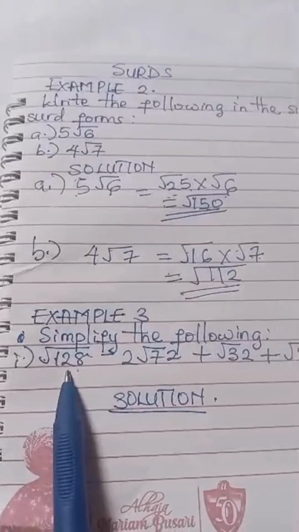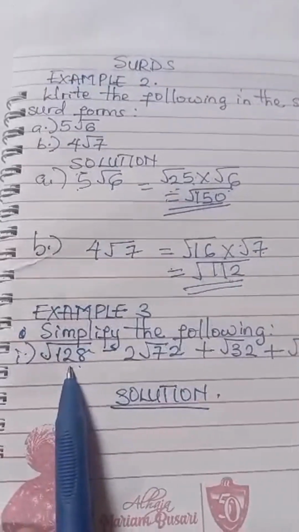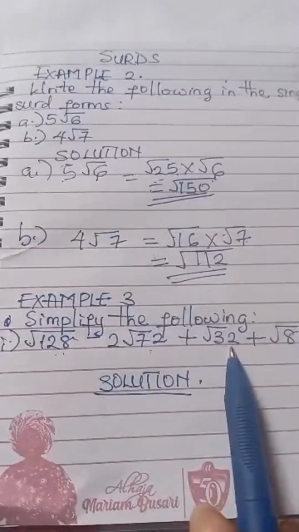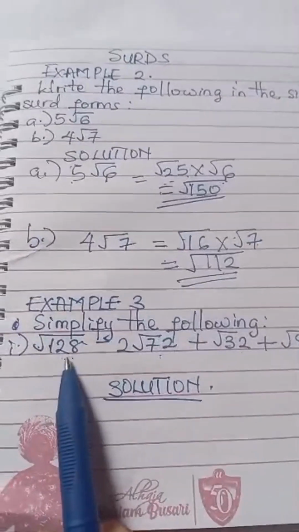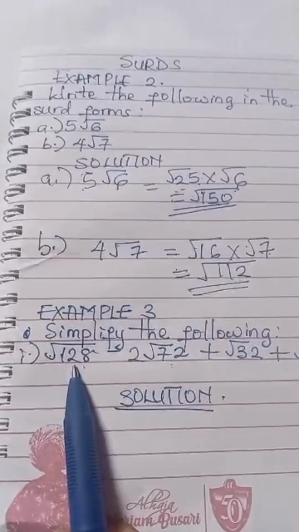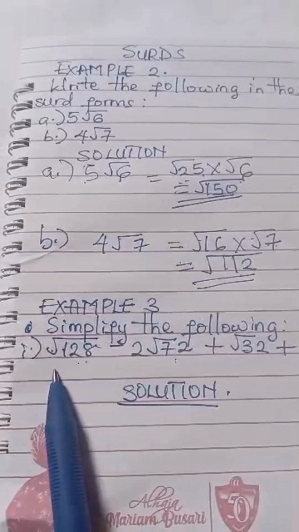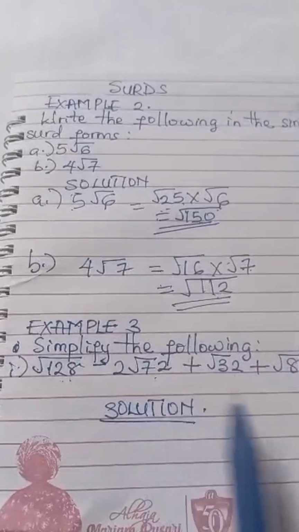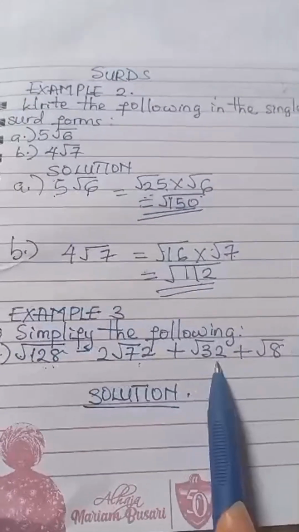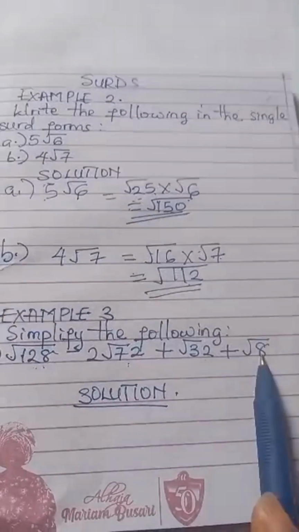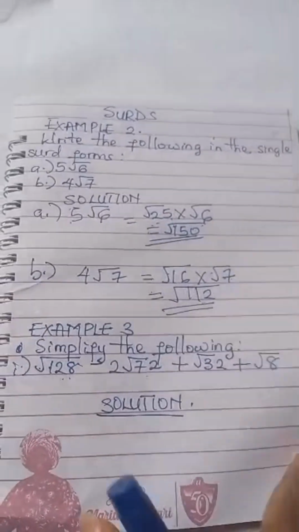So 128 divided by 2 is 64. 72 divided by 2 is 36. 2 can also go here, 2 can go here. 2 is not a perfect square, but 64 is a perfect square. 36 is a perfect square. 32 divided by 2, that's 16. 16 is a perfect square. 8 divided by 2, 4. 4 is a perfect square. So the question is solved already. Let's just finish that up.